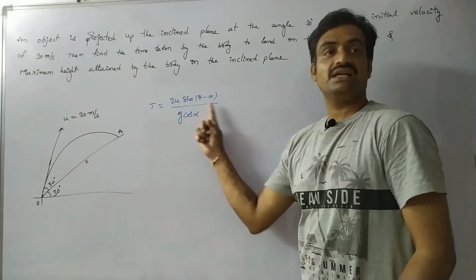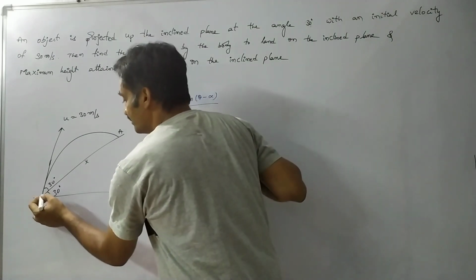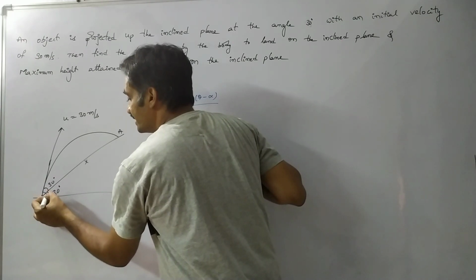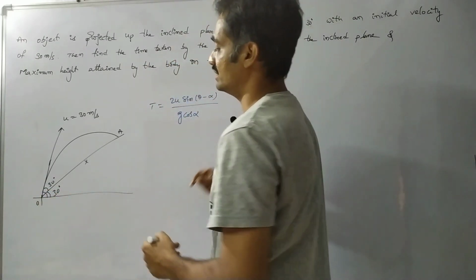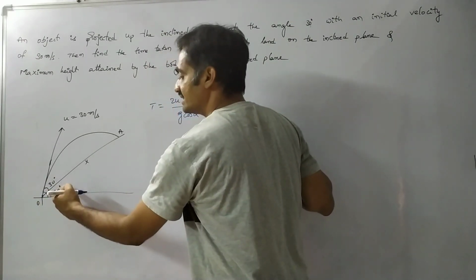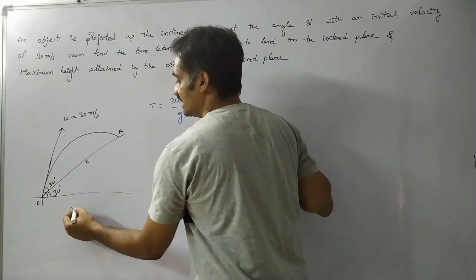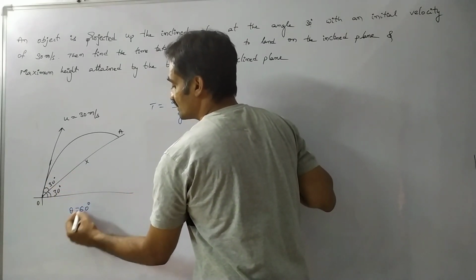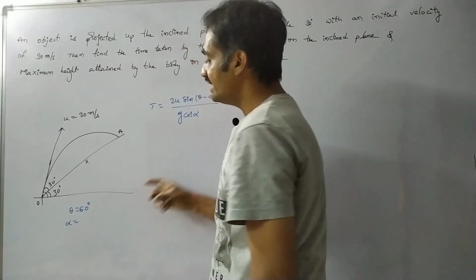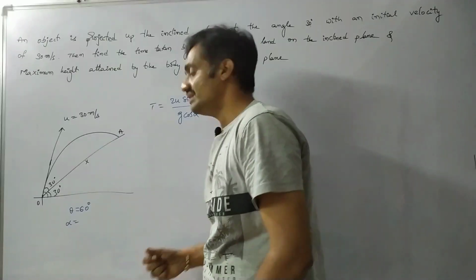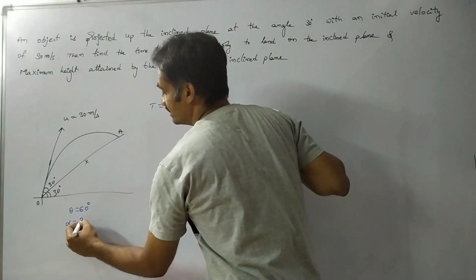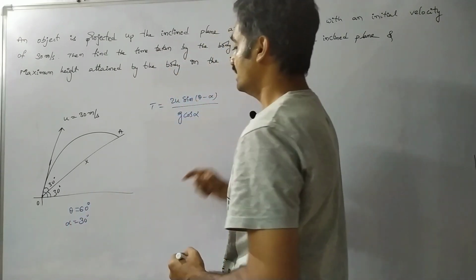So here we require theta and alpha, where theta is nothing but the angle made by the body with respect to the horizontal. So based on that we can represent it as theta equals 30 plus 30, nothing but 60, whereas alpha is the angle made by the inclined plane with the horizontal. So here we have alpha equals 30.